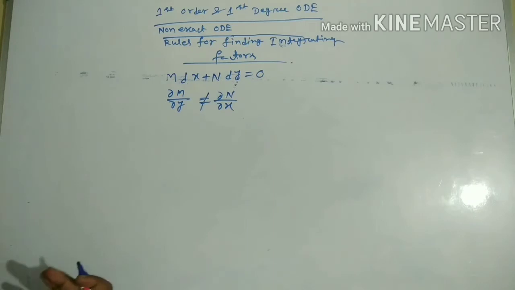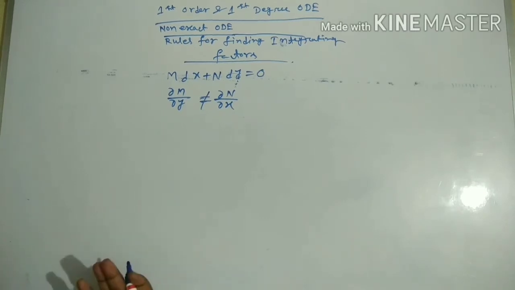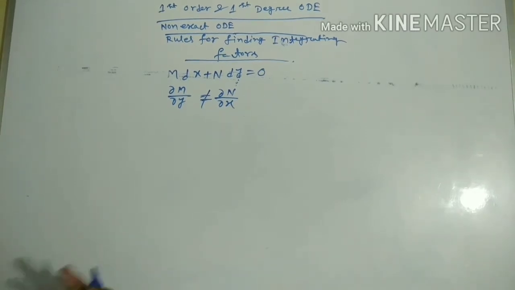But in a non-exact ODE, the given functions are not integrable, so we have to convert the non-integrable functions into integrable form, and then we solve following the procedure of solving exact ODE.